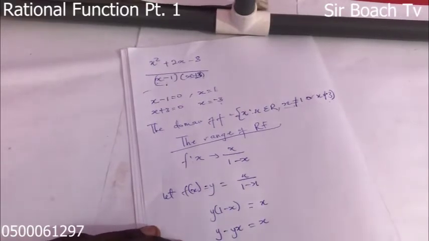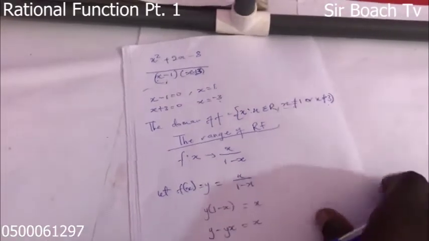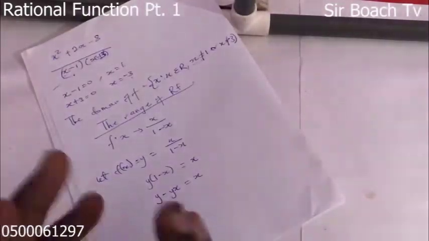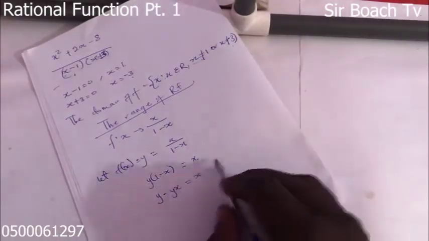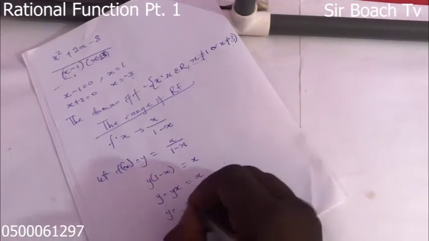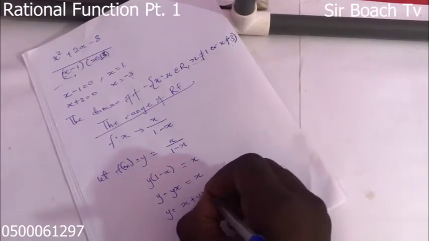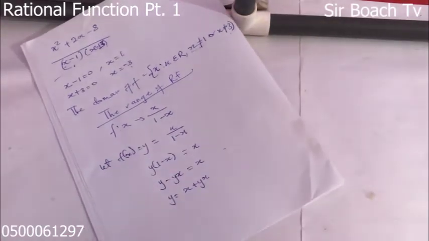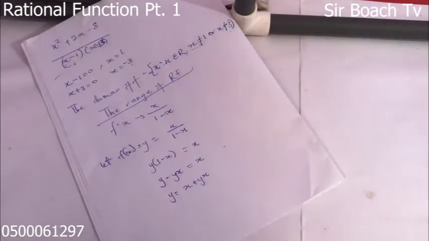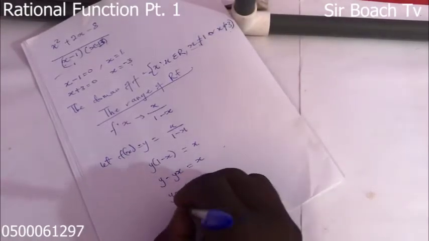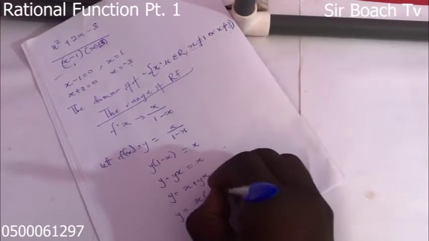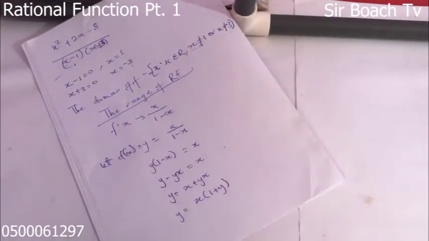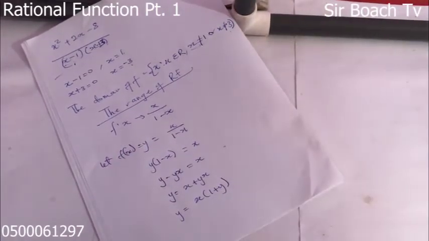Now we are making x the subject, so we have to group the ones that have x in them. So we can send this one to this side. So we are going to get y equal to x plus yx, like that. Are we good? Then from there we factorize the x out. So we're going to get y equal to x bracket 1 plus y. We are making x the subject, let's not forget.